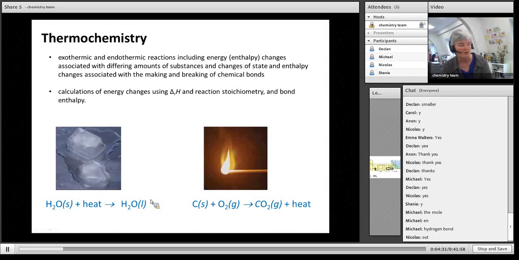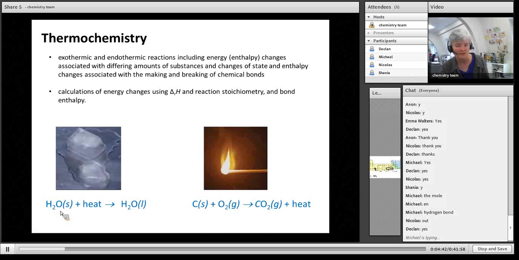So the energy of water as a liquid, does it have more energy than water as a solid or not? Yes. So here the products have got more energy than the reactants. Here the products have got less energy than the reactants because the heat was given out.